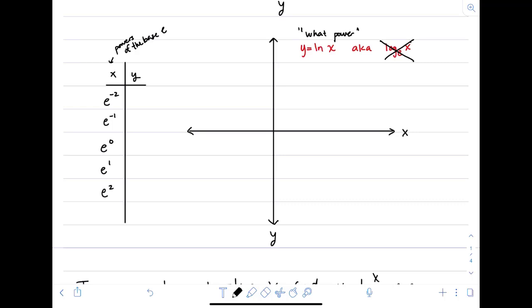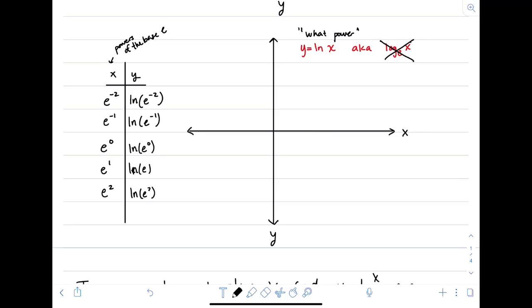That might feel like really weird values to plug in, but think about what you'd be getting for your y's. If I plug in e to the -2, I'll get ln of e to the -2, ln of e to the -1, ln of e to the 0, ln of e, ln of e squared.